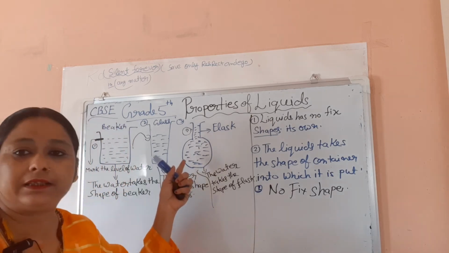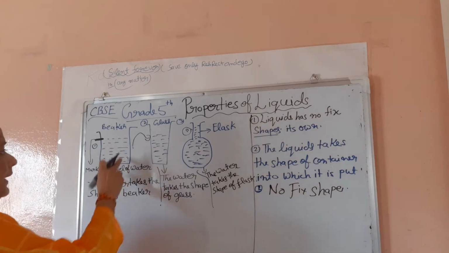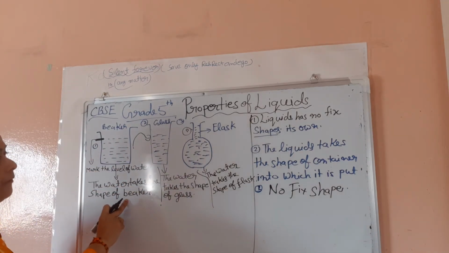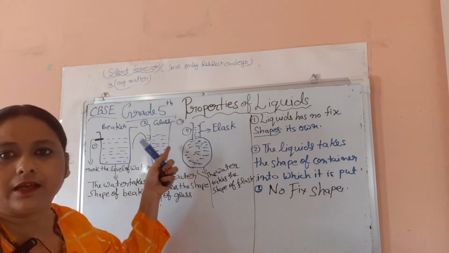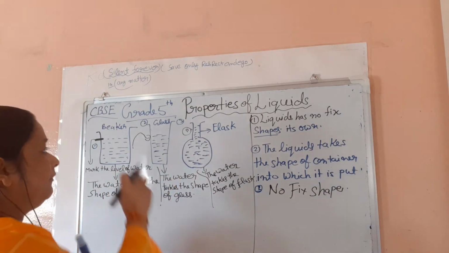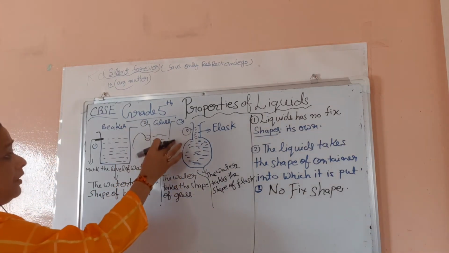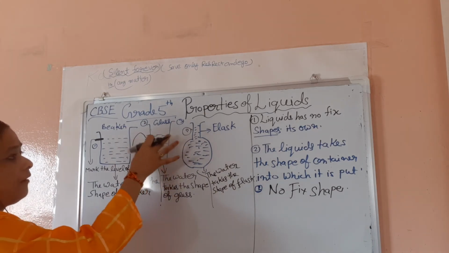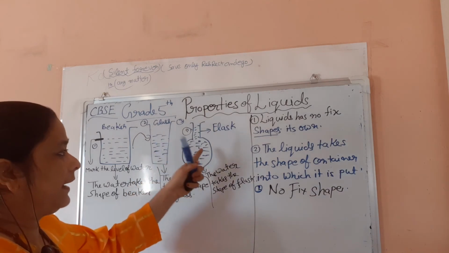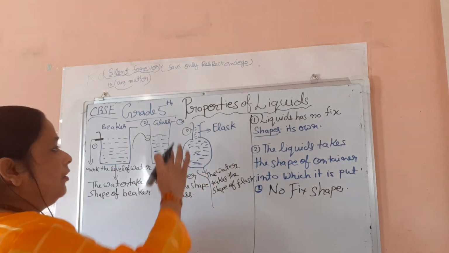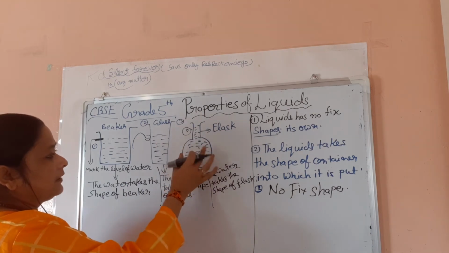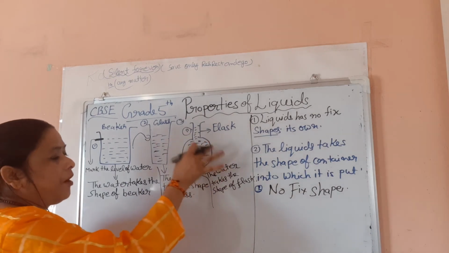Second, this is a diagram of a glass. When water is put in the glass from the beaker, the water takes the shape of the glass. And third, the diagram of the flask: when water is put from the glass into the flask, the water takes the shape of the flask.